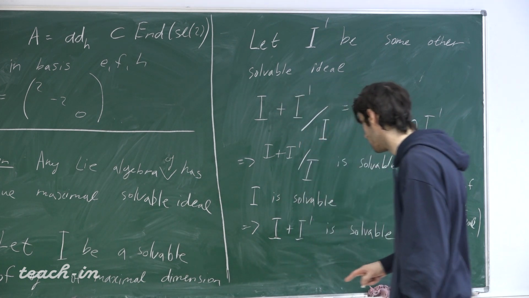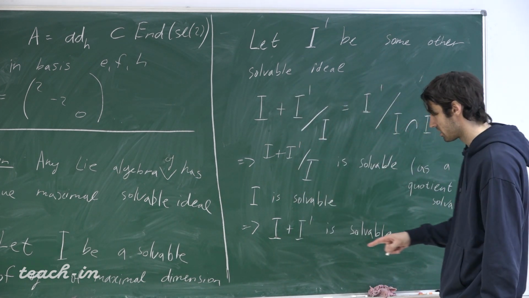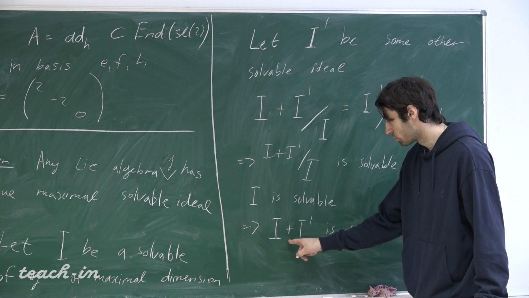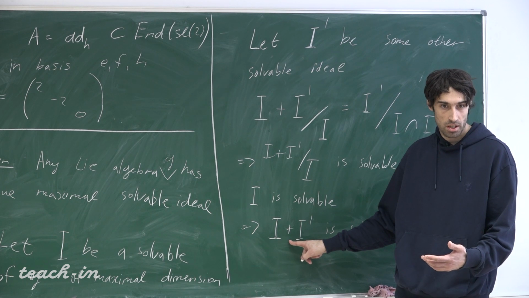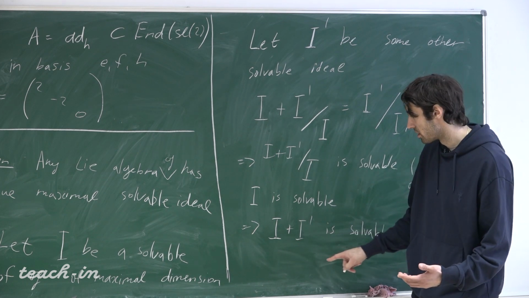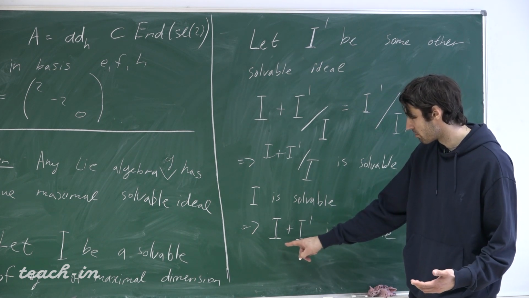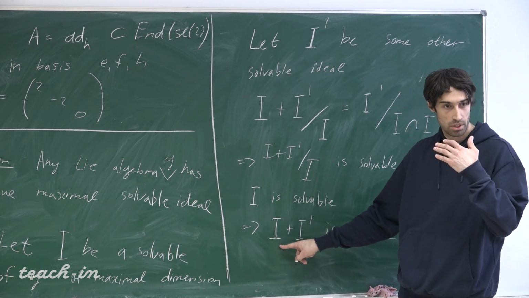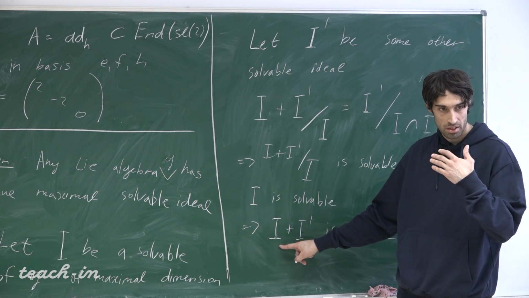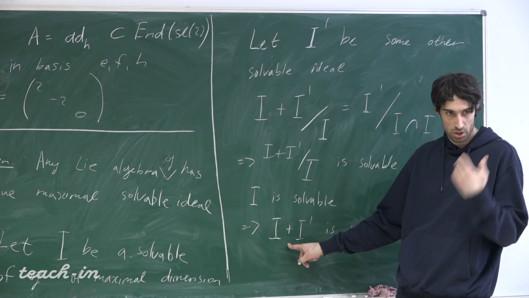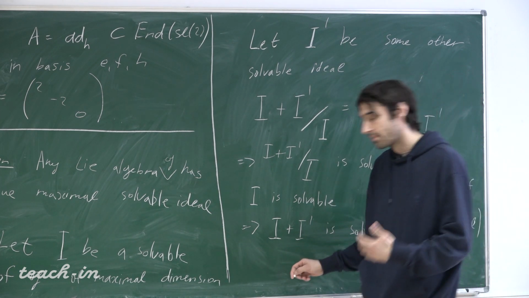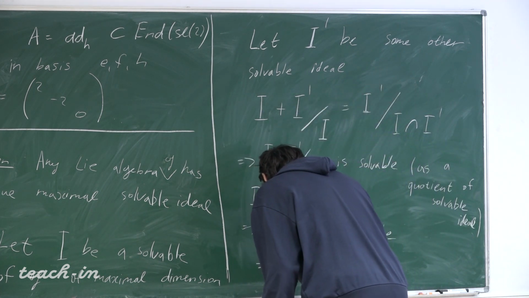But it contains I, right? And I is of the maximal possible dimension, right? So therefore, the dimension of this thing is not bigger than the dimension of I. So this should coincide with I. Sorry, again?